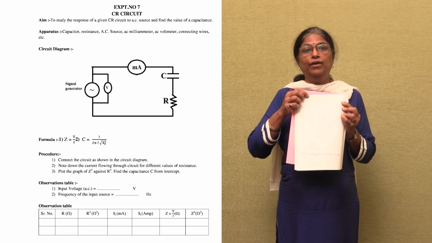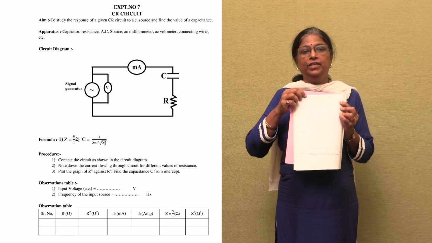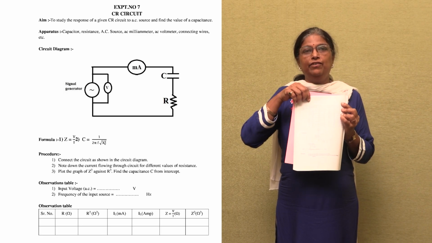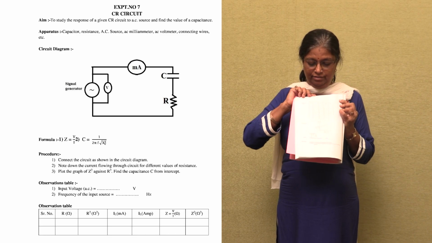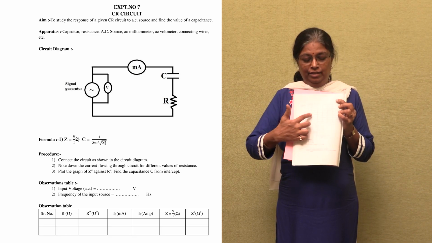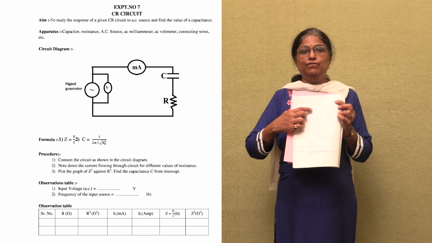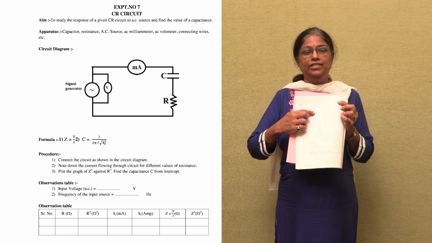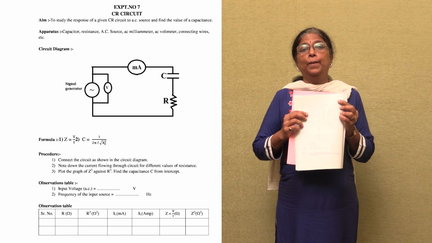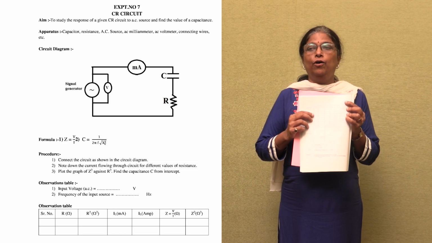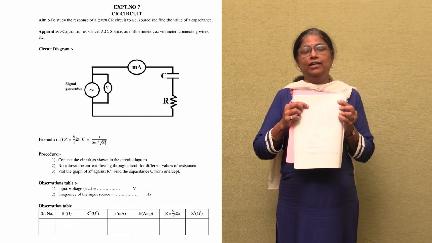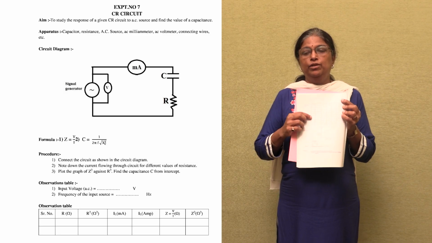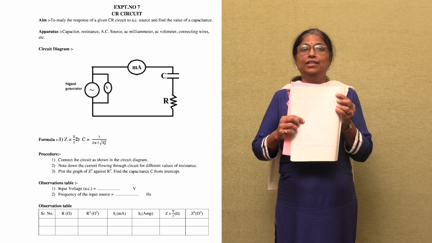Here also you have to write on the top of the table the voltage which you have applied, that is V is equal to 3 volts, frequency is equal to 50 hertz, and then change the resistance from 100 ohms onwards. For every reading of resistance you have to note down the value of current. It will go on decreasing. For the first reading the current will be maximum, for the last reading the current becomes minimum. So you have to tabulate this in tabular form.